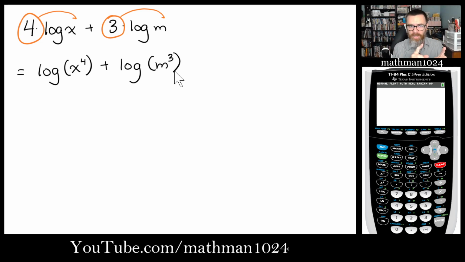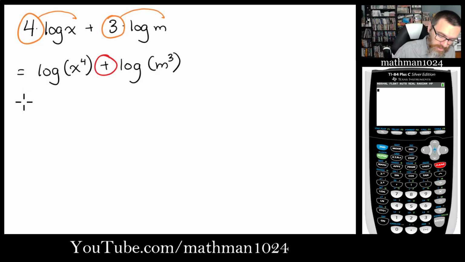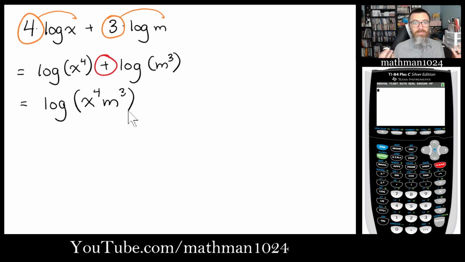Normally we would bring the powers out in front, we're putting them back inside. And because we have addition of these two logs that have the same base, we can bring them together inside of a single log as a product. So that's x to the 4th times m to the 3rd. And there we go. Nice and condensed, no problems.